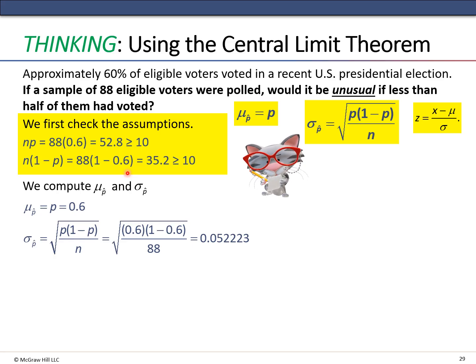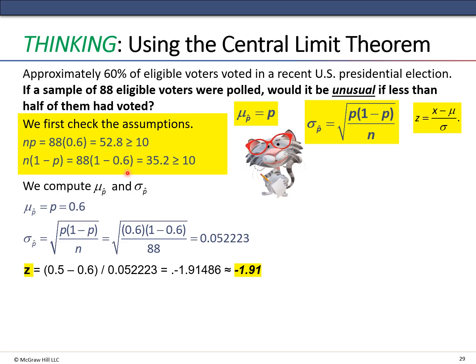Once we have this, we can now calculate our z-score. We're looking for less than half. Half is 0.5, so that's our x value, minus 0.6, which is our proportion, or our mean, all over our standard deviation, which is what we calculated.